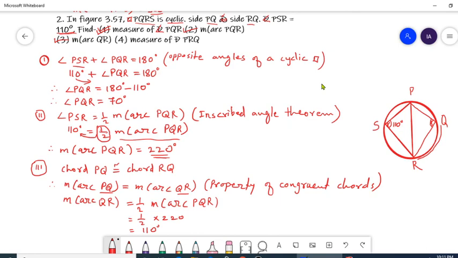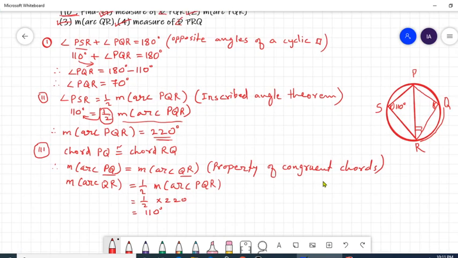Now the fourth question, angle PRQ, this one. So arc PQ is 110. This angle should be half of arc PQ.